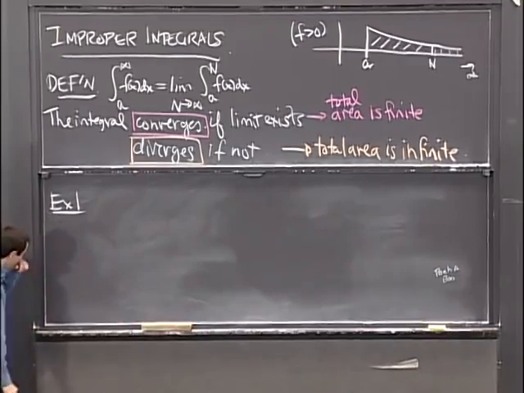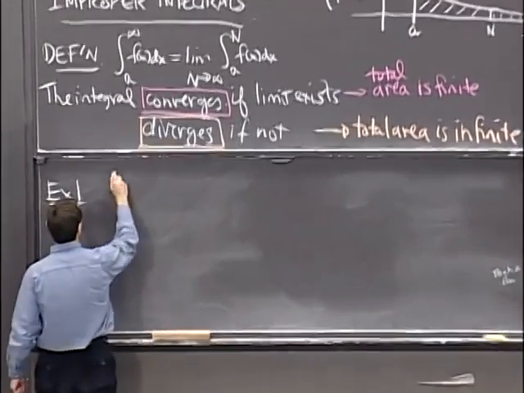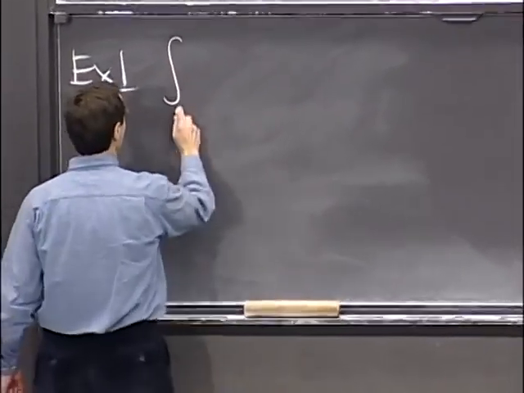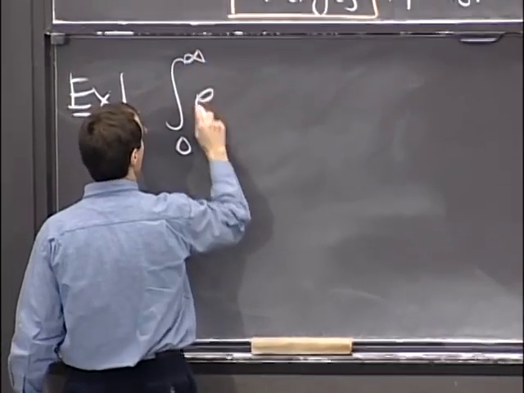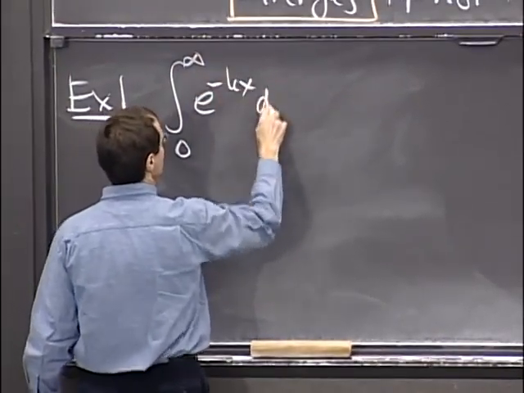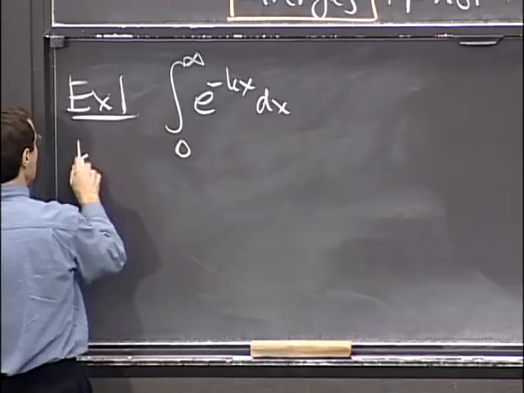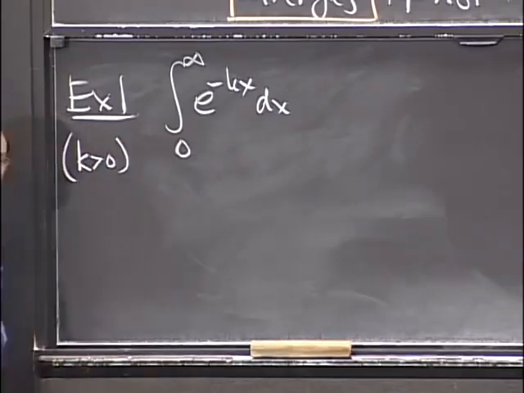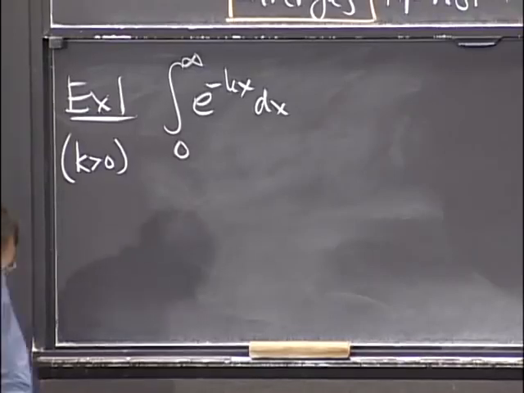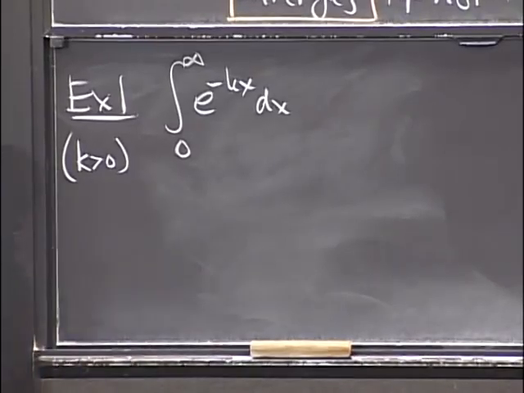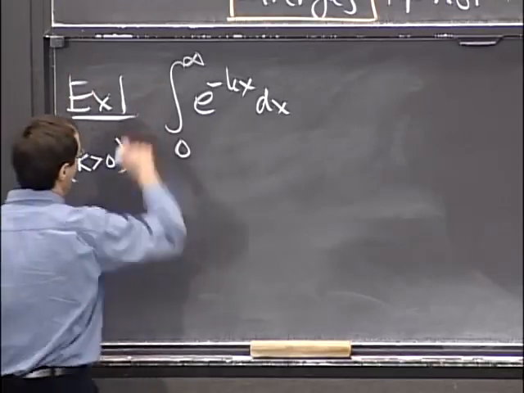The first example is the integral from 0 to infinity of e to the minus kx dx, where k is going to be some positive number, some positive constant. This is like the most fundamental, by far, of the improper integrals.